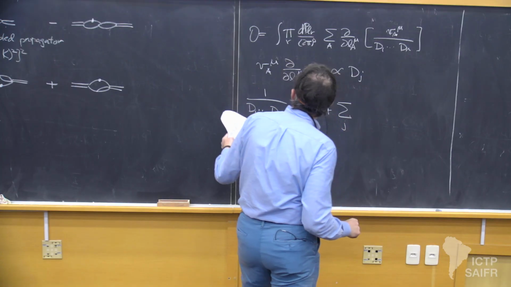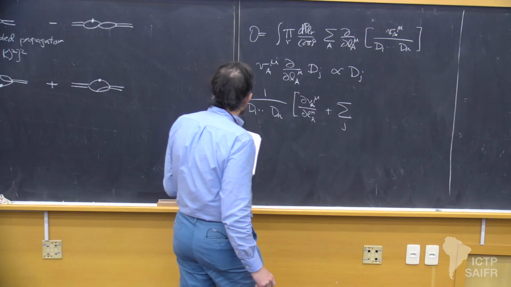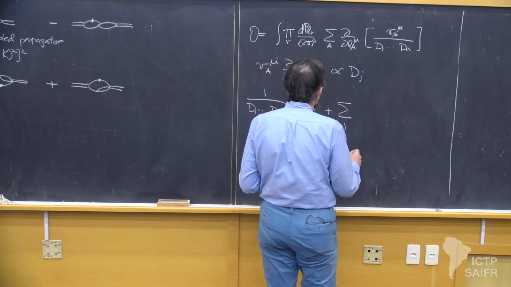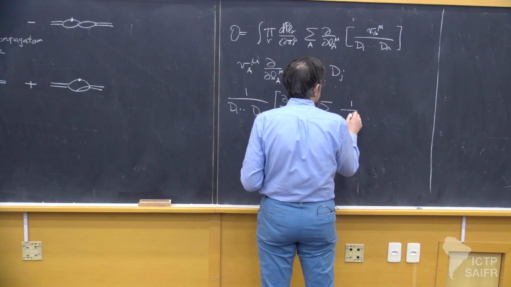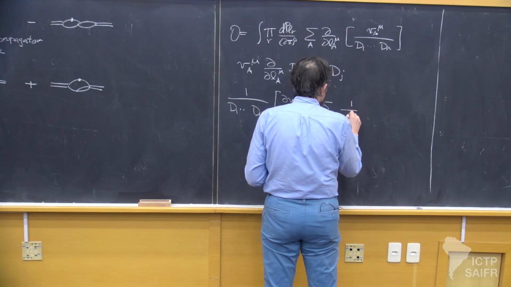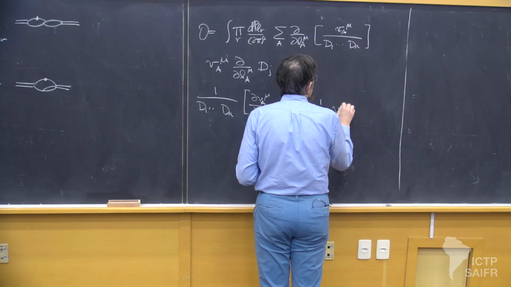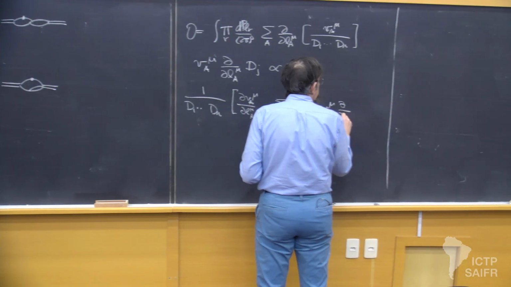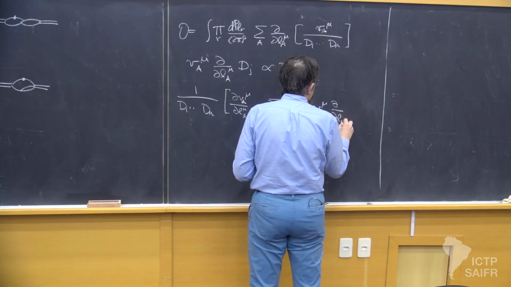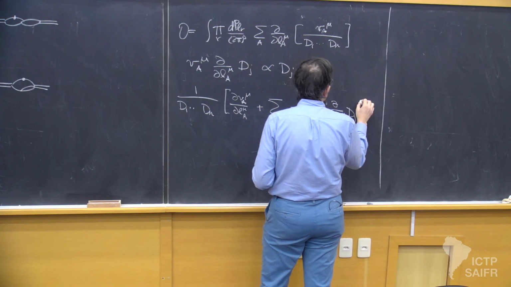So when we differentiate any of the denominators, we're going to get a -1 over the denominator. That's what the net power is then going to be 2. This is, of course, just the chain rule, the vector dotted into the derivative of the loop momentum acting on the denominator.